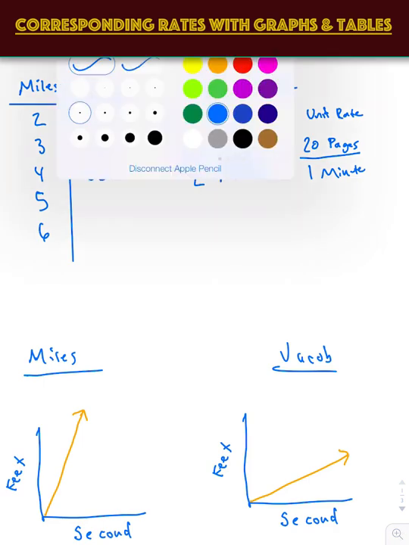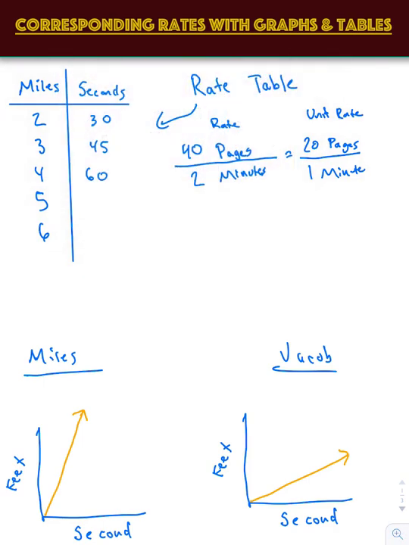All right, when we go to use a rate table, there are 3 different ways that we can use a rate table. The first way, and this is going to be your most simple way a lot of the time, but not all of the time, is to find the unit rate and then use that unit rate to find the missing figures.